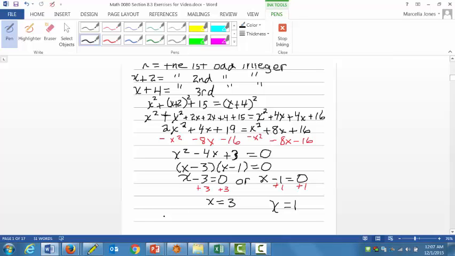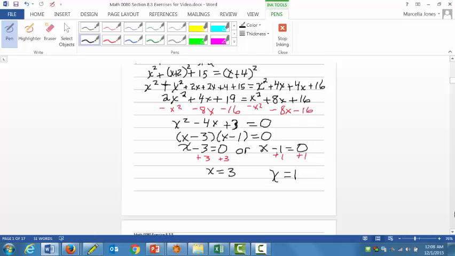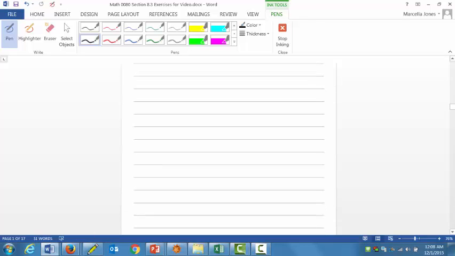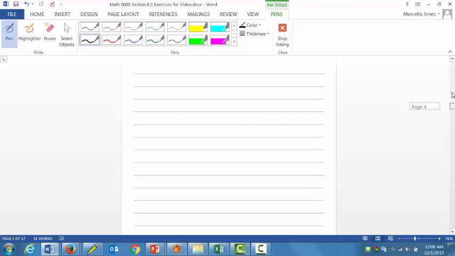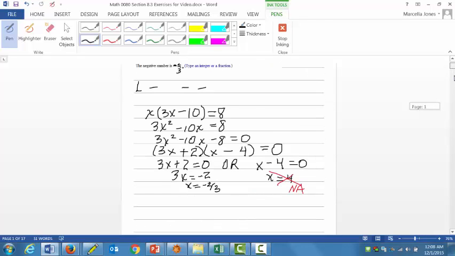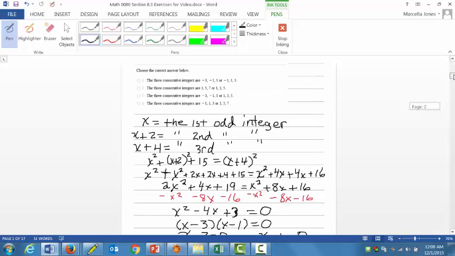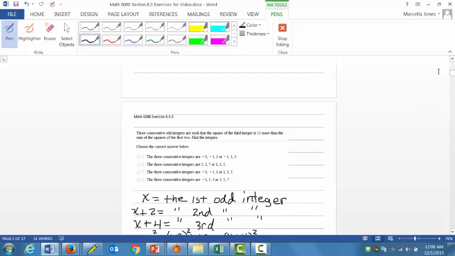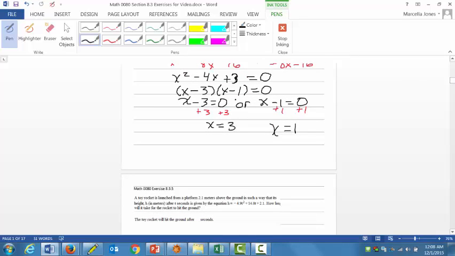And so if x is 3, the integers, the next integer, x plus 2, is 5.